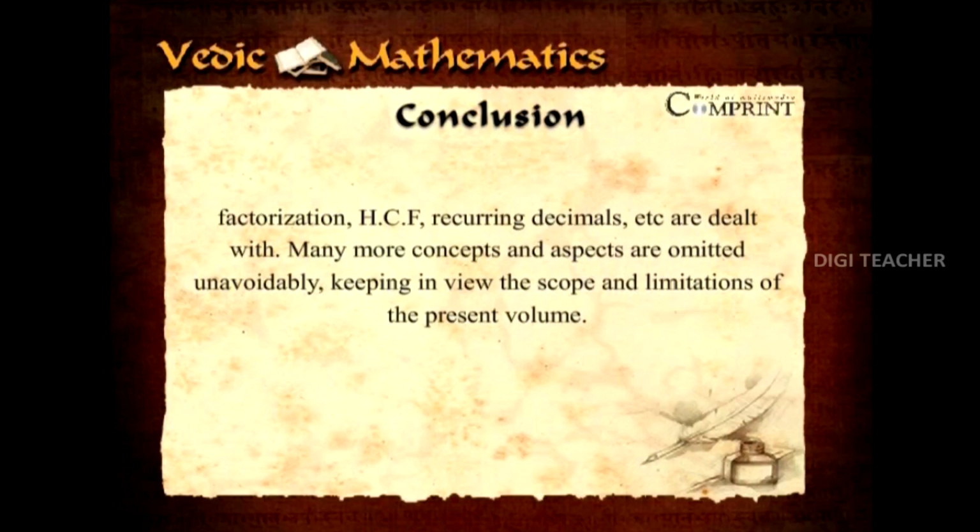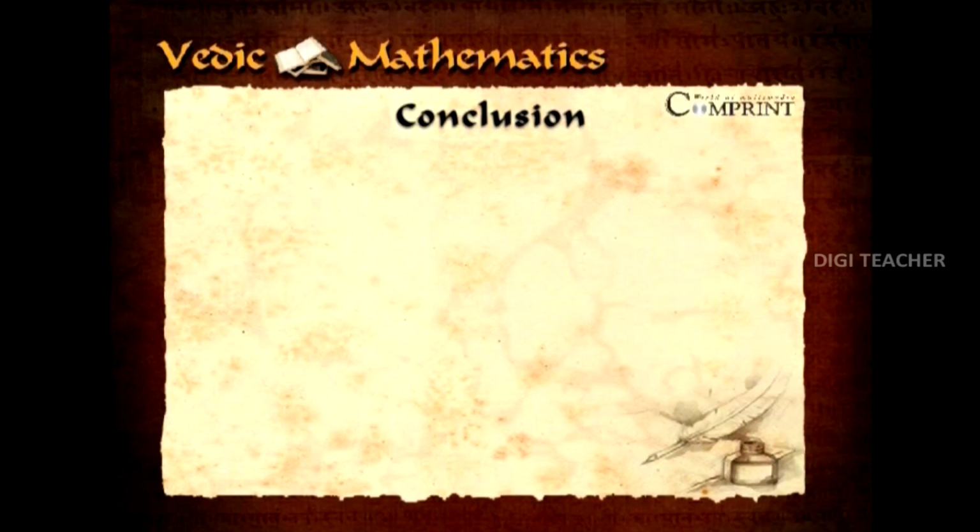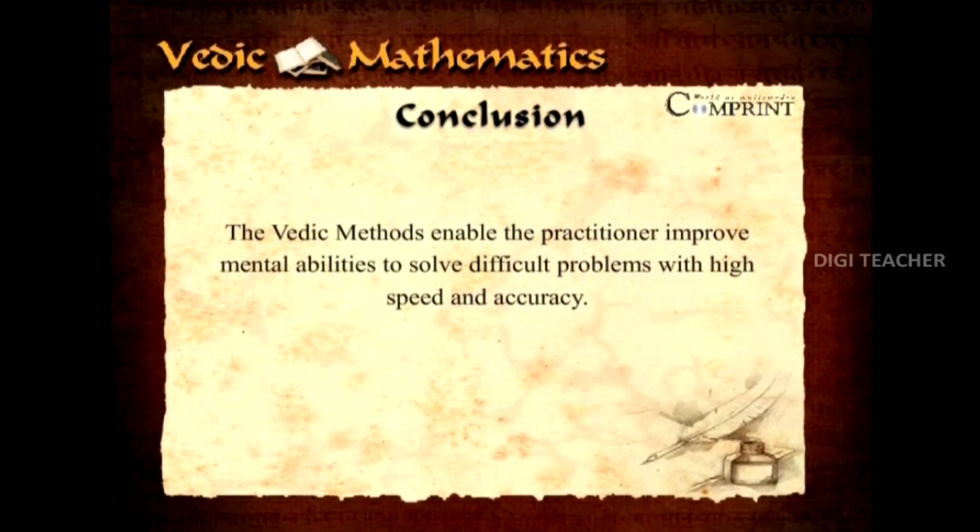Many more concepts and aspects are omitted unavoidably, keeping in view the scope and limitations of the present volume. The Vedic methods enable the practitioner to improve the mental abilities to solve difficult problems with high speed and accuracy.